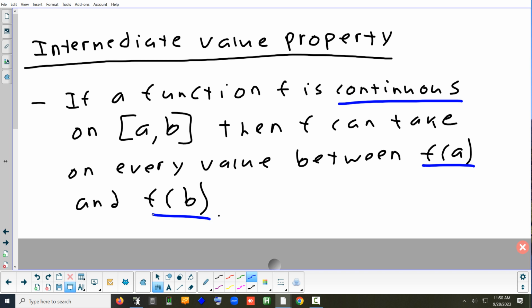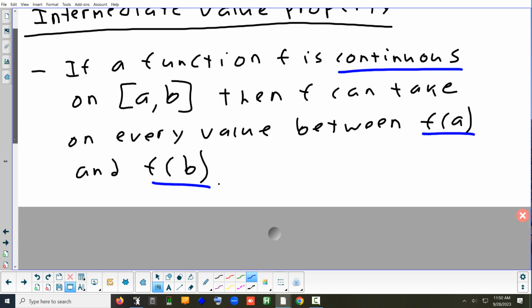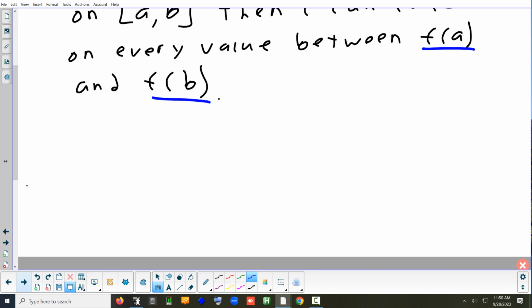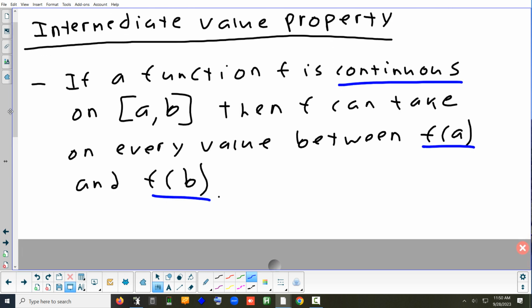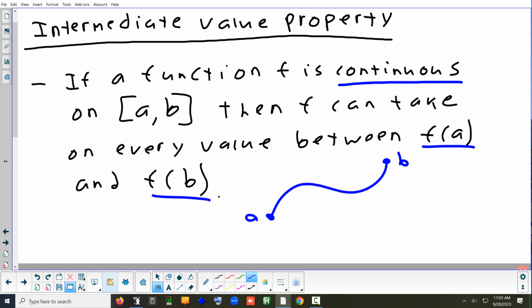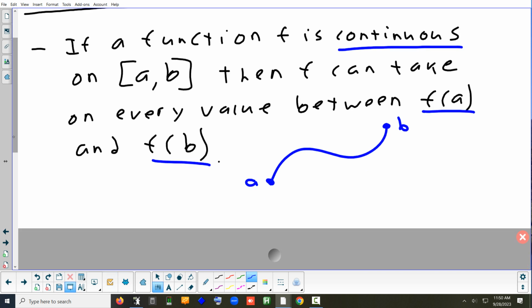It goes through every value in between. So let's look at a graph like this. Here's A. Here's B. So if I make a table of those two points, here's the A value, whatever it's at, and here's the Y value.